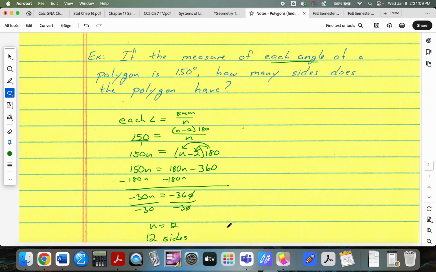Now this is sort of the algebra way to do this. There is another way to do it that doesn't involve as much algebra, but it involves a little bit of thinking for geometry. So here's the idea. I'm not going to draw the whole polygon because I don't know how many sides there are. But I do know that it looks something like this, and that's 150 degrees.